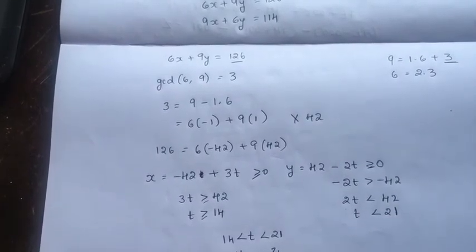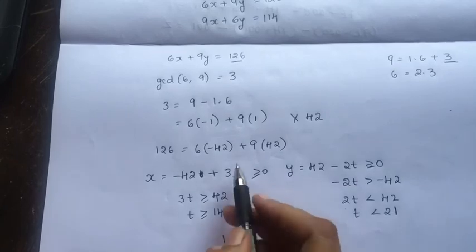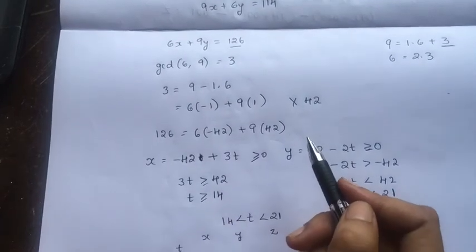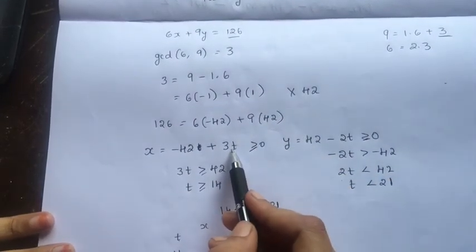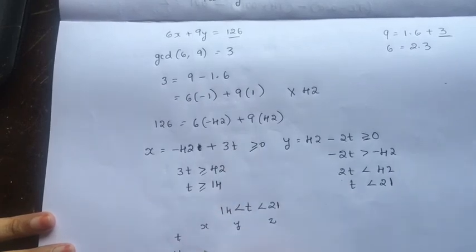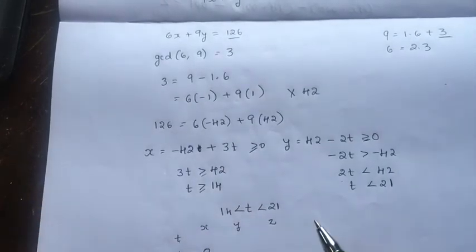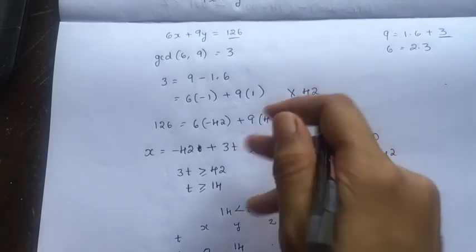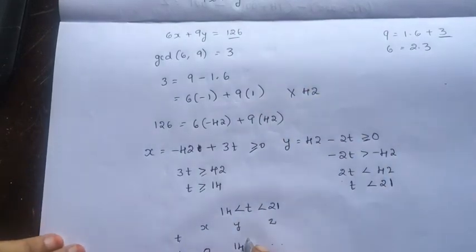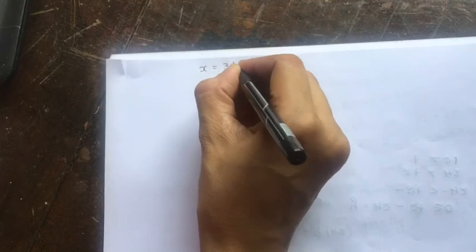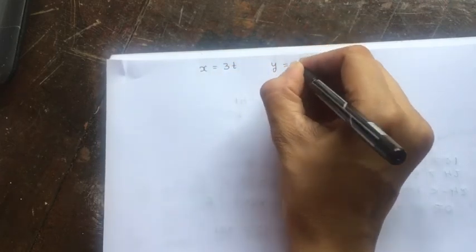So when I give t as 14, the x value will come out to be 0. When x is 0, the y value is 14, and you'll get some z value depending on the equation. So the particular solution, I'm considering it as this. So I'll rewrite x as 3t and y as 14 minus 2t.